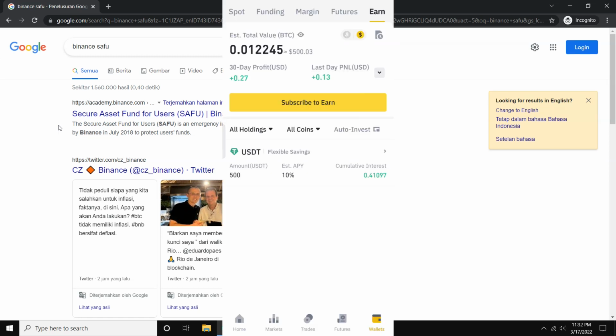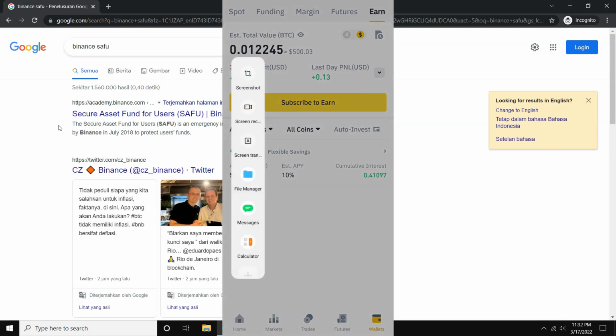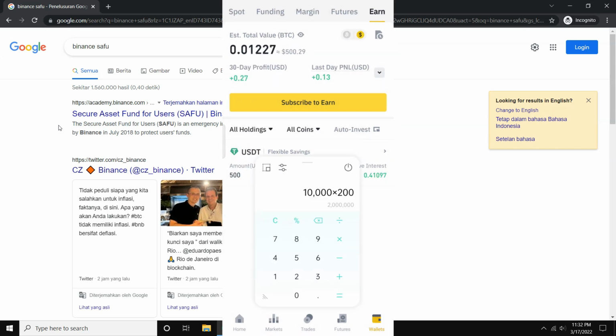Okay, and you can see the interest rate, we can earn it even daily, guys. Now $500, if I multiply by 10%, we get $50. Now if I divide it by 365 days, you can see every day I should make 0.1369 on my $500 investment.